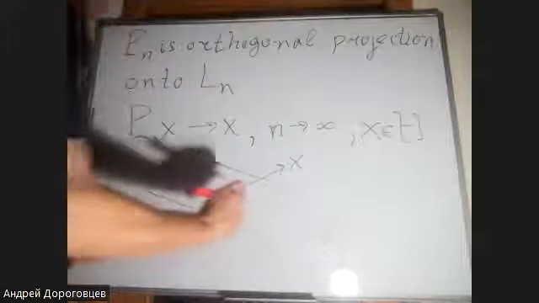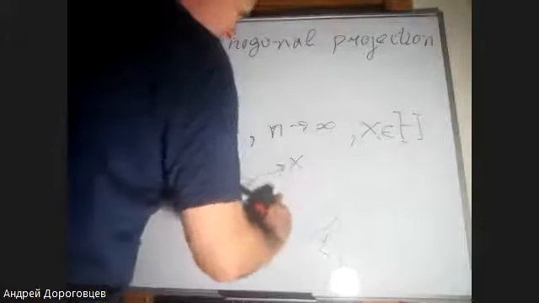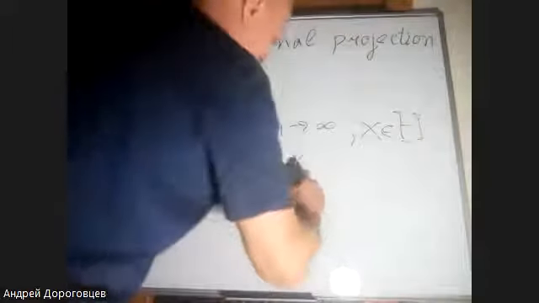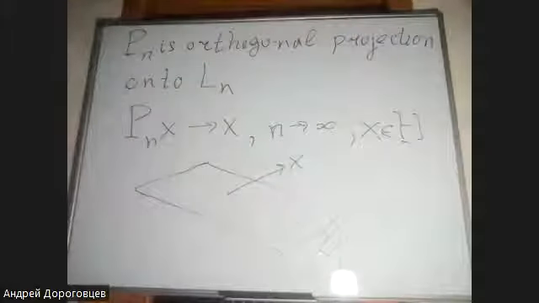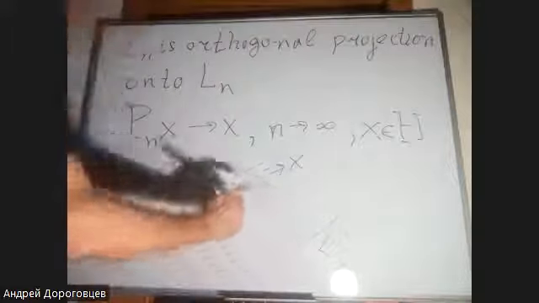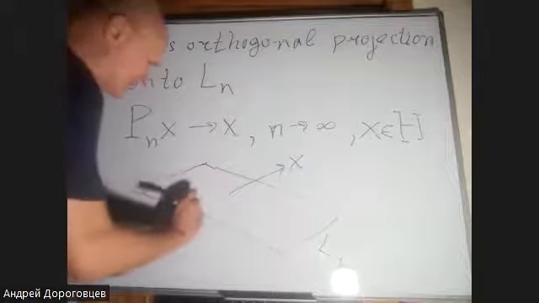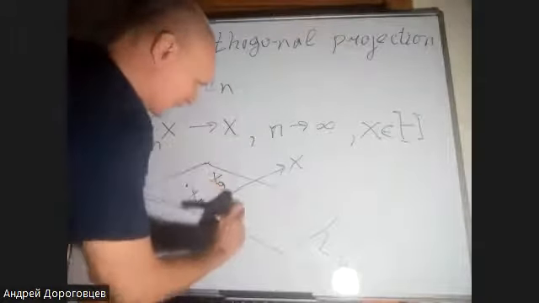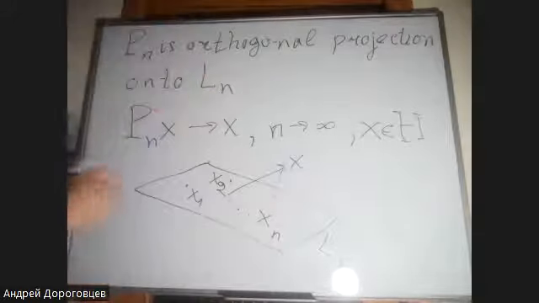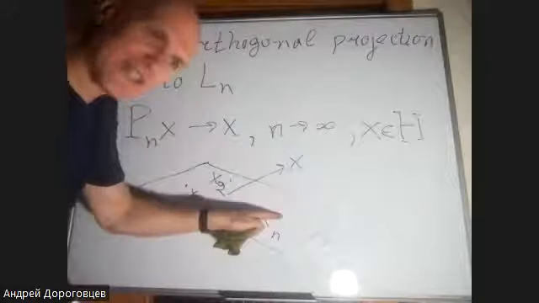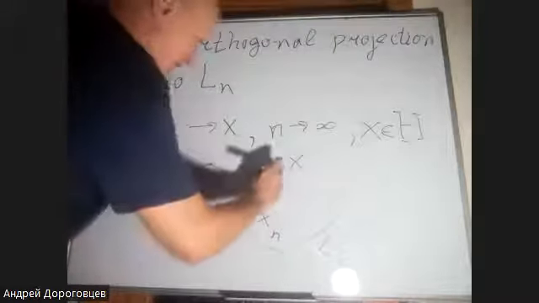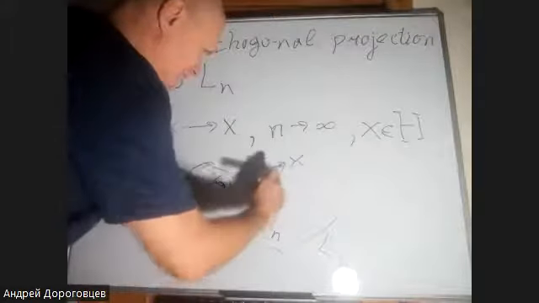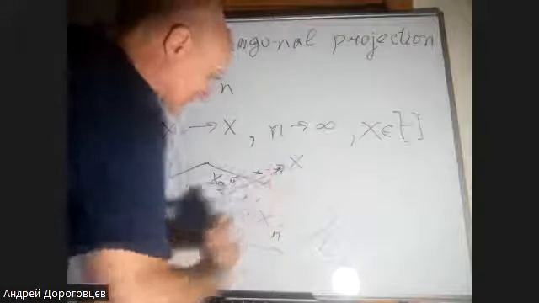So we just want to show that this length goes to 0. But it is evident that if L_n is generated by the points x_1, x_2, and so on, here somewhere is x_n, then of course the length of the difference between x and P_n x is less than the minimum of such distances.